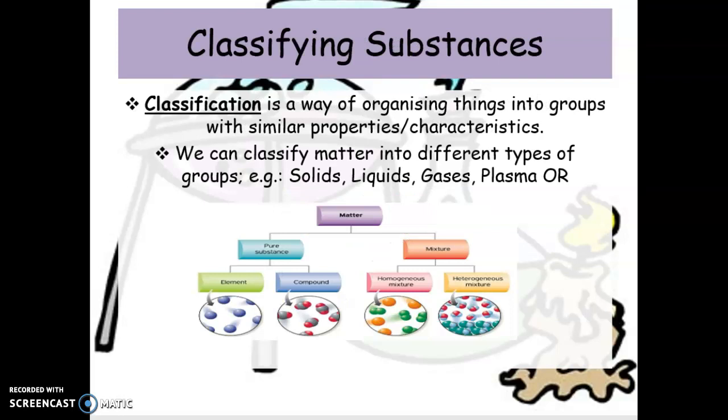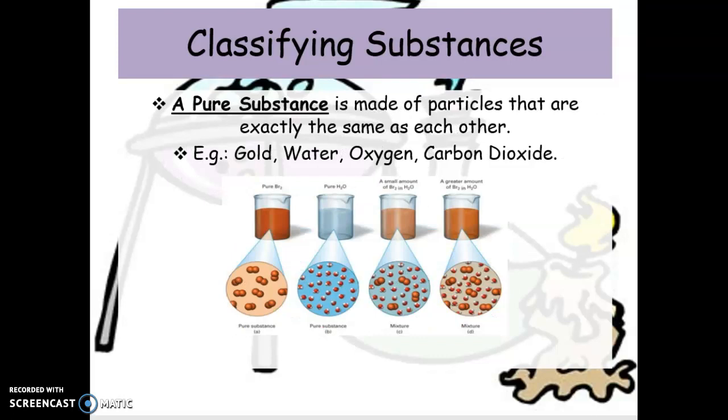So we can classify all matter as either a pure substance or a mixture. Pure substances are either elements or compounds, and we're going to look at what both of those are, whereas mixtures can be homogeneous or heterogeneous mixtures, and again we're going to look at what both of those are. Okay, so with a pure substance, we're dealing with where all the particles are the same.